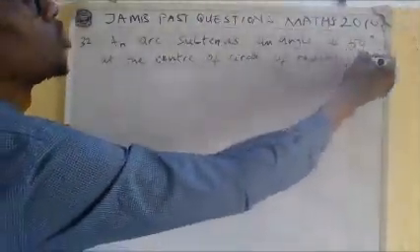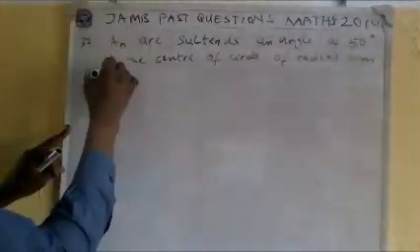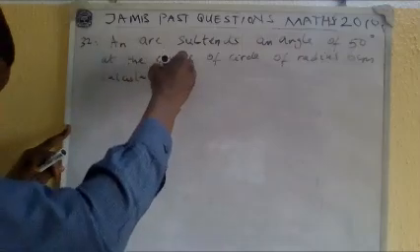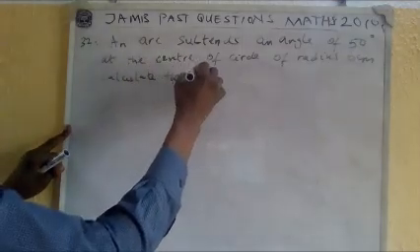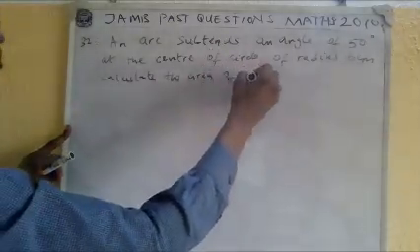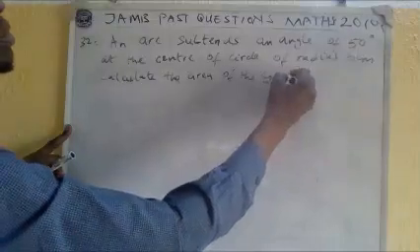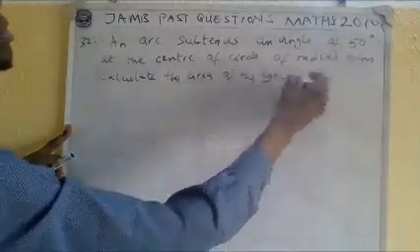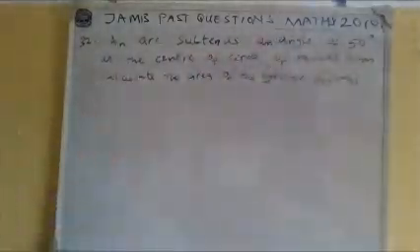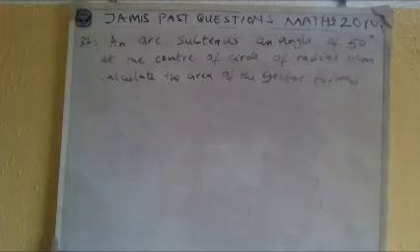Okay, I'm trying to copy out the questions for us. Okay, so the question here says, an arc subtends an angle of 50 degrees at the center of a circle of radius 6 cm.